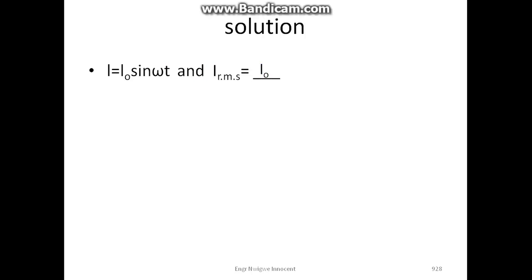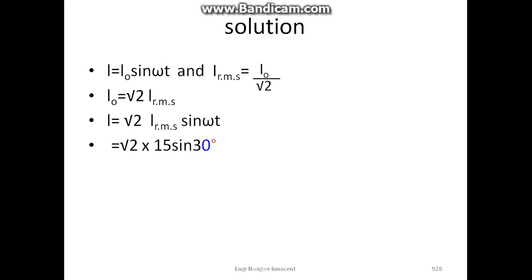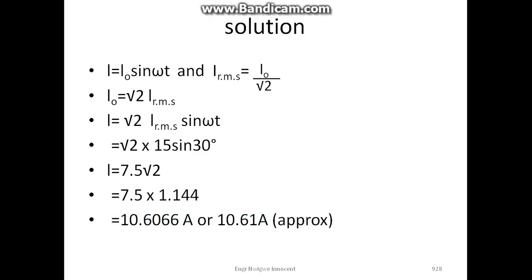Solution: I equals I0 sin ωt, I RMS equals I0 over square root of 2, so I0 equals square root of 2 times I RMS. I equals square root of 2 times 15 sin 30 degrees, which equals 7.5 square root of 2, which equals 7.5 times 1.414, which equals 10.6066 amperes, or 10.61 amperes approximately.